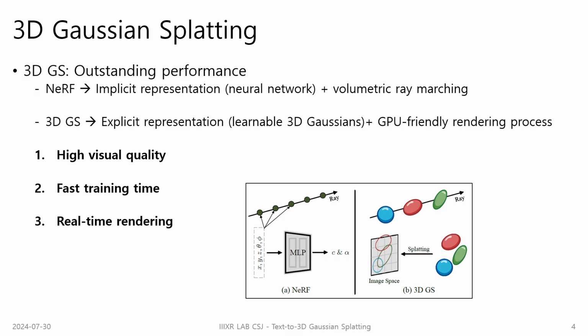Because it's an explicit representation, it can be stored as a data structure while maintaining the implicit characteristics of a continuous function. Additionally, by developing a GPU-friendly rendering process, 3D Gaussian splatting achieves remarkable performance, including high-quality results, fast training, and real-time rendering.